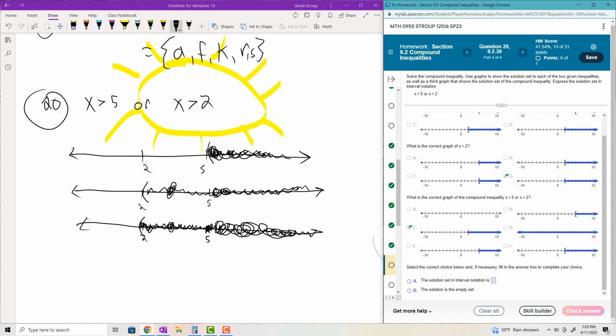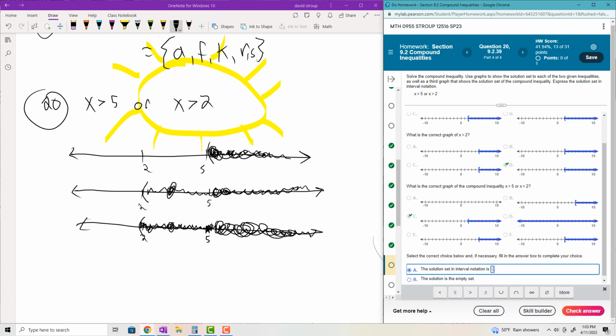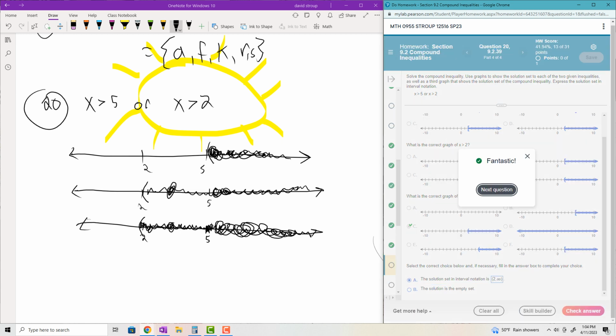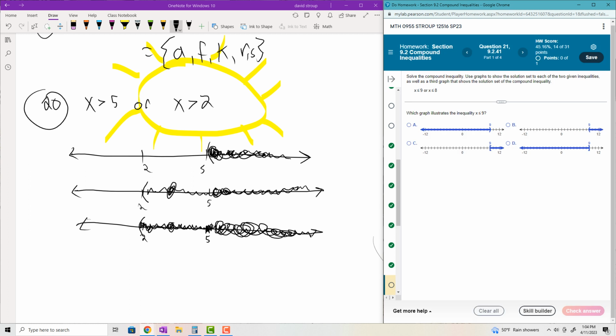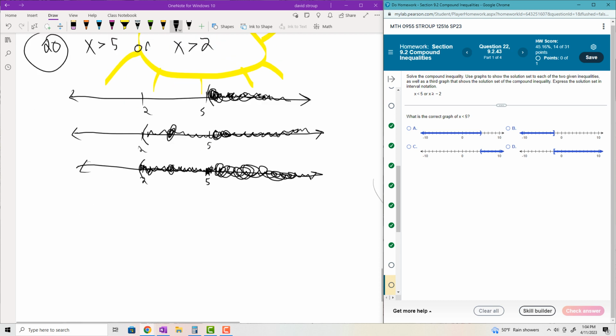And then you just do your interval notation. So we're going 2 to infinity. Okay. All right. Let's get another one.